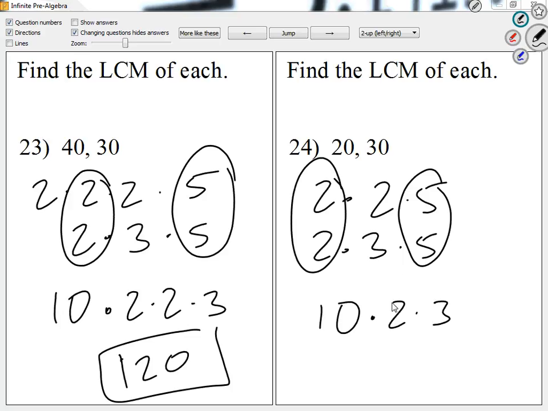How much is 10 times 2 times 3? 60. Thank you. Once again, least common multiple, we're dealing with big numbers. Greatest common factor, what we saw last week, we were dealing with small numbers.